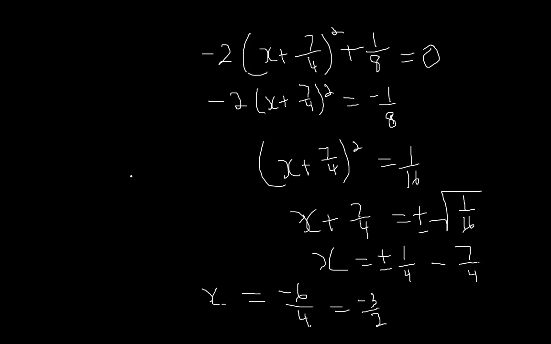Or here x is equal to minus 1 minus 7, that's minus 8 on 4, which is minus 2. Everybody understands that? Anybody understands what I just did? Yes, miss.